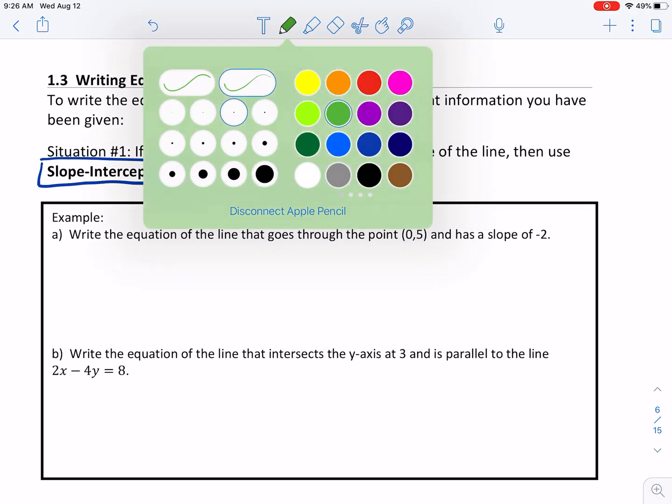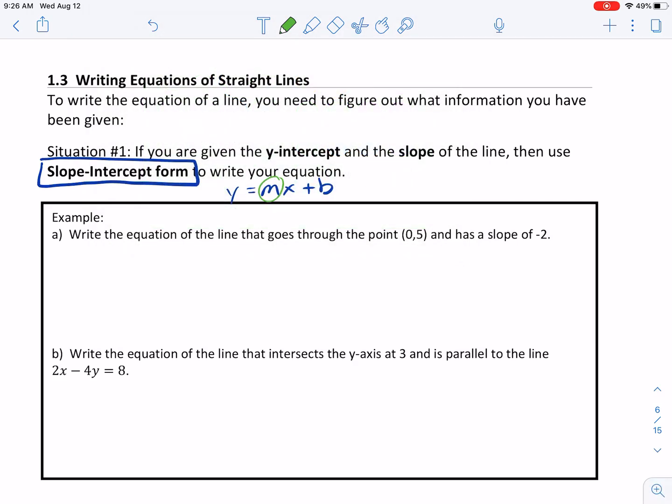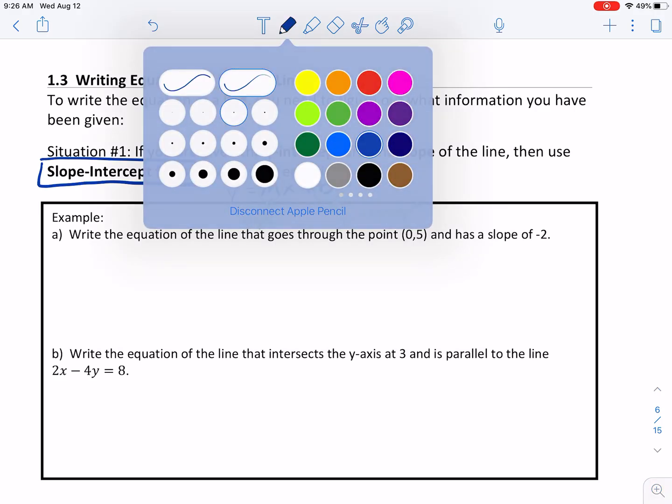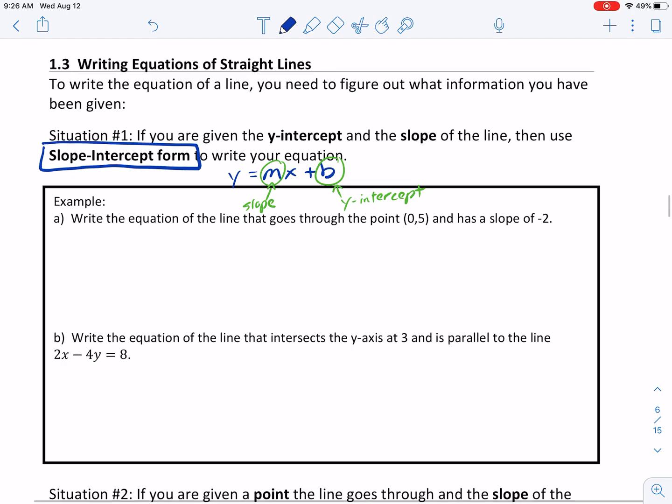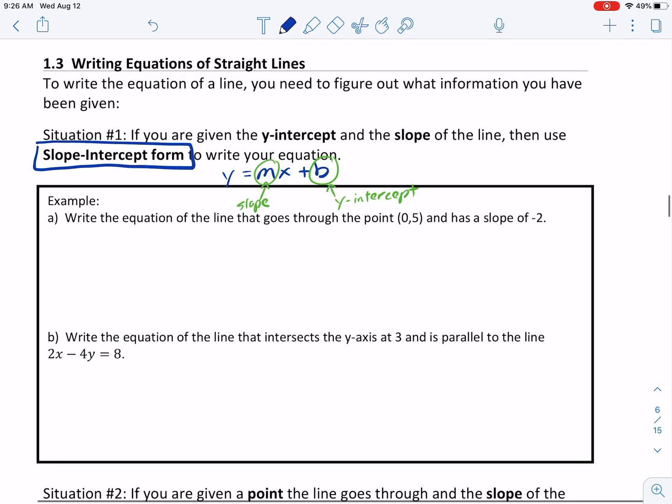The two variables that we need to plug into our equation are m and b. Remember, m stands for slope, b stands for our y-intercept. When we have the slope and the y-intercept, we can then write our equation in slope-intercept form.